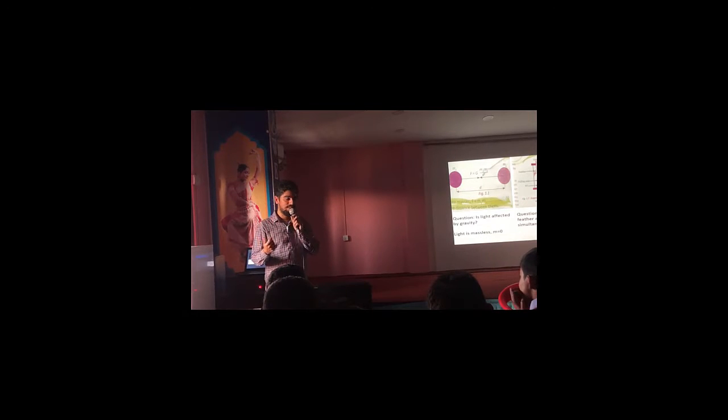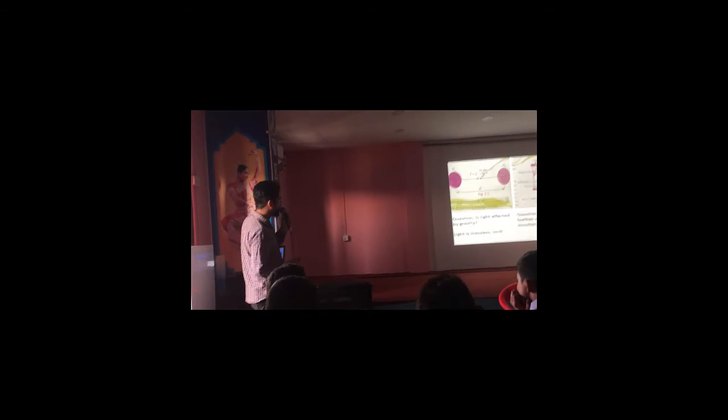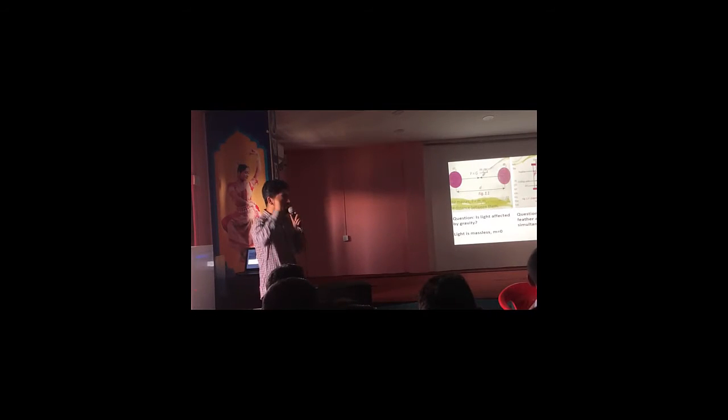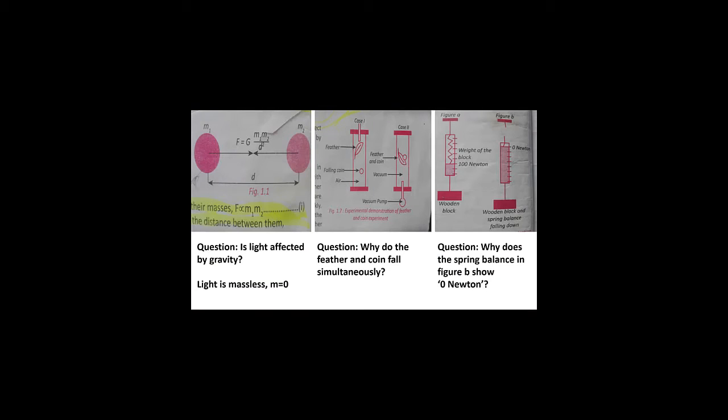Is that enough? Yes. Now look at the third picture. It is taken from your exercise, from the textbook. What is happening there? When the rope holding the spring balance breaks, suddenly the spring balance shows 0 Newton. What is the reason for that?